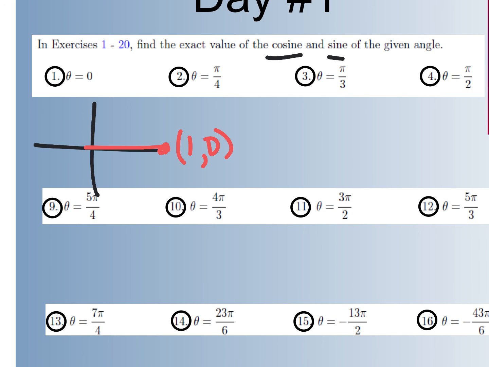And now sine is the y of it. So sine of this angle is the y of it, so it's 0. And cosine of this angle is the x of it, so it's 1. Cosine of 0 is 1. Sine of 0 is 0. Cool.